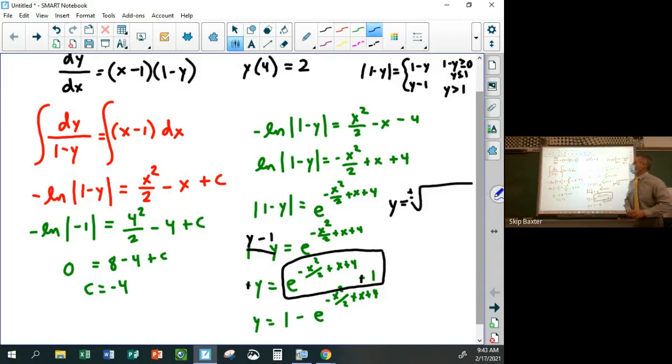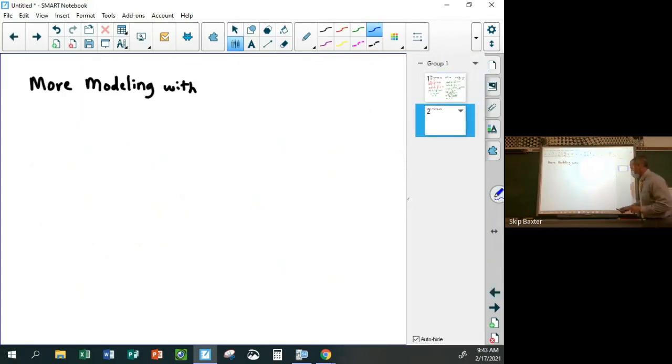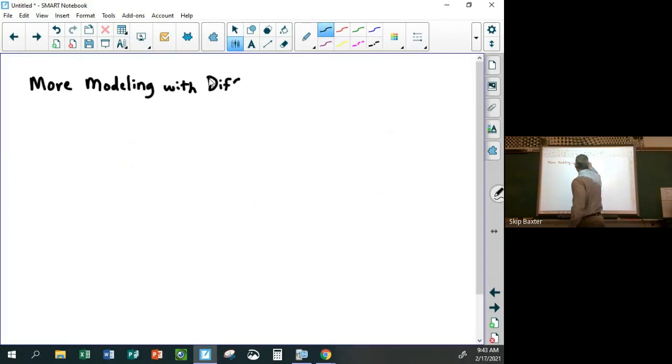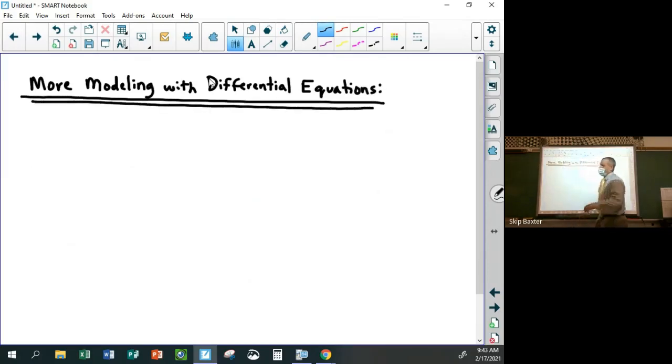All right, so more modeling with differential equations. The other day we were talking about the idea of proportionality. A lot of times you have a situation in which the rate at which something is changing is proportional to the amount that's there.